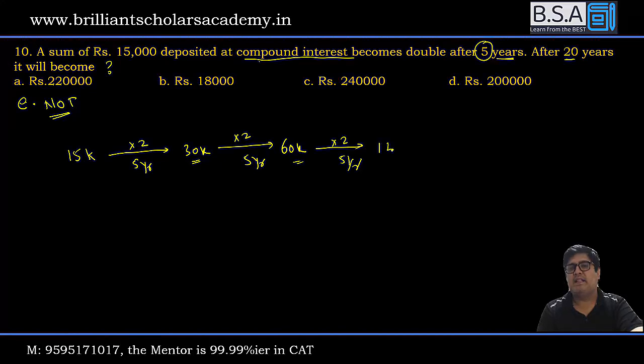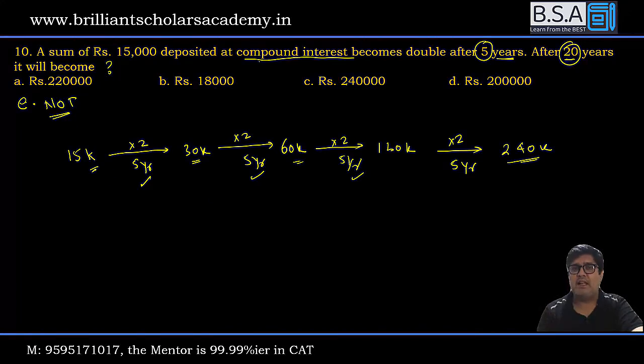If I wait for another 5 years, this will be doubled. Every 5 years money is getting doubled, 120K. How many years do I need? I need 20 years. How many years have been counted? 5 plus 5 plus 5, 15 years have been counted. If I wait for another 5 years term, it will be doubled. What is double? 240. I did not want to work with zeros, so I put a symbol K. So 240K. K is 1,000. 240,000.